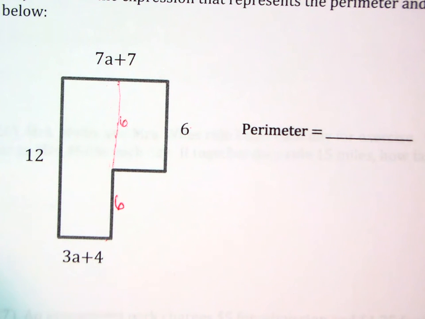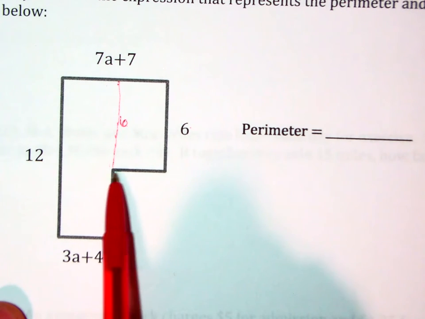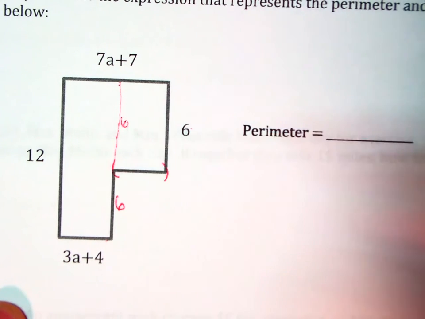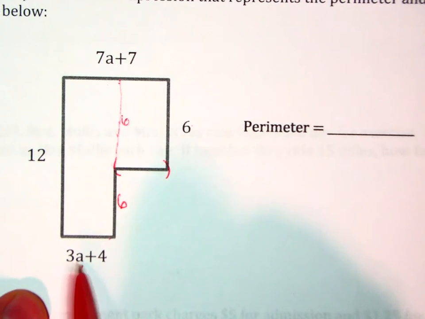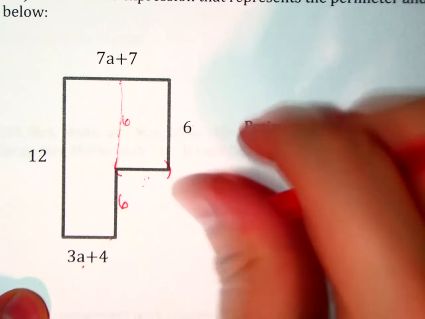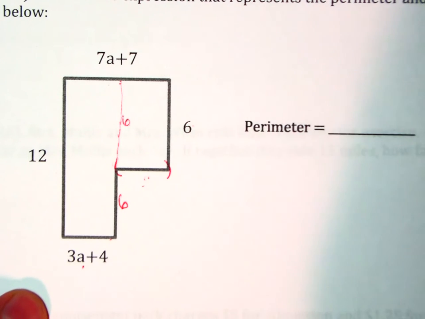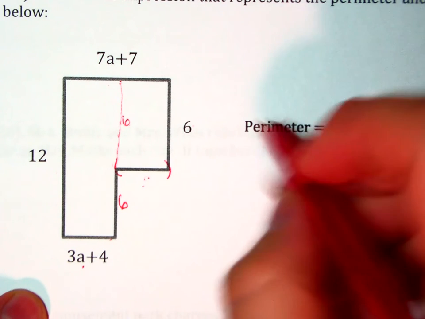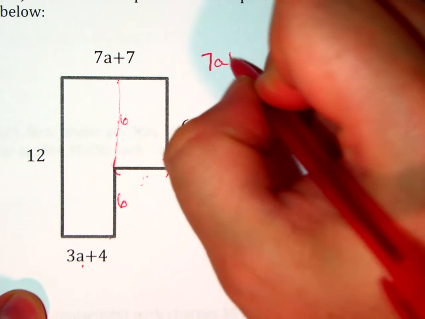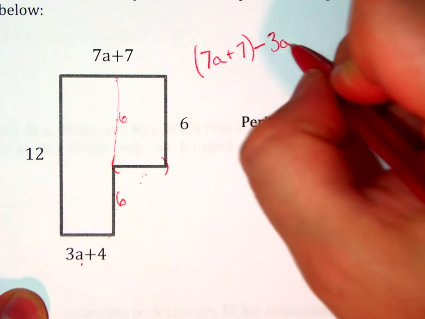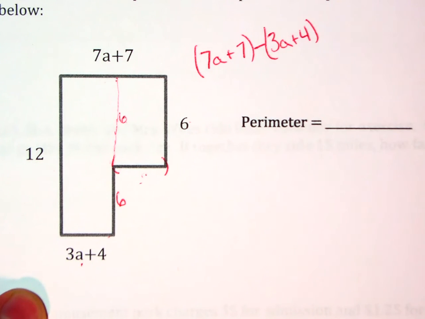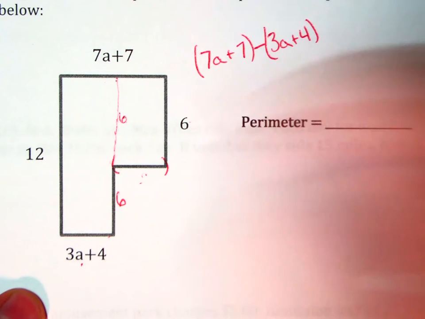We're going to use that same logic when we're looking for this missing term here, because we know that this term on the bottom, 3a plus 4, plus whatever this value here is, which is what we're looking for, has got to equal 7a plus 7. Well, in reverse, we could also say that 7a plus 7 minus 3a plus 4 is going to equal whatever that missing piece is.